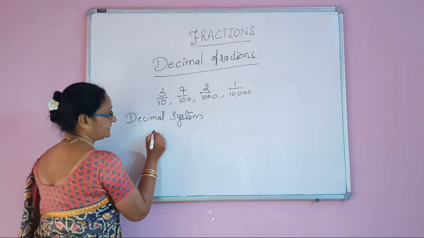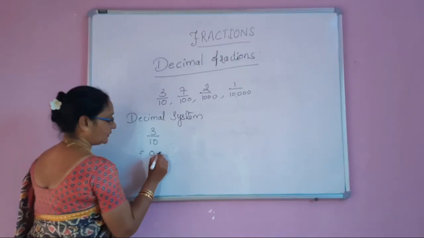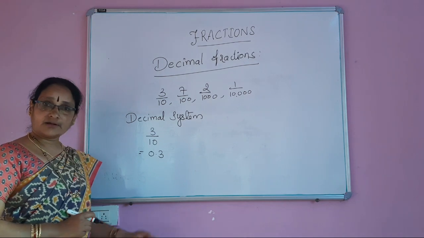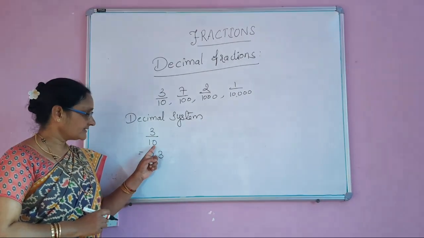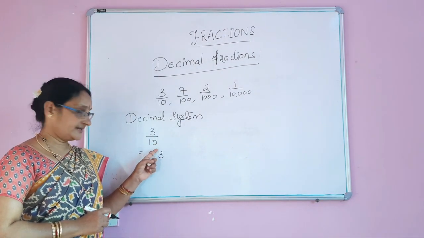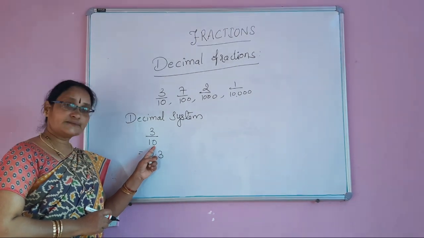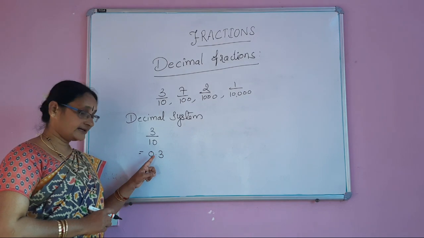See, 3 by 10 can be written as 0.3. How do we write this in the form of 0.3? See here, 3 by 10 means here in the tens place we have to give the decimal point, between units and tens place.